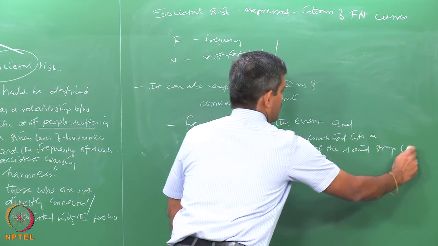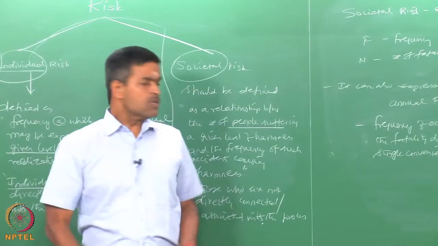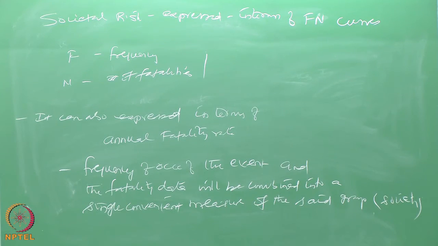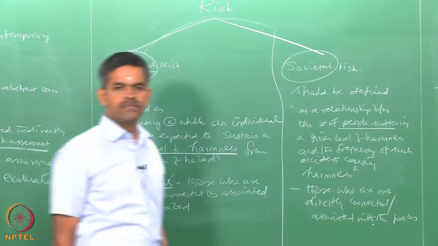The group here is a society. So, there are two different ways of explaining risk: individual directly involved, society indirectly involved.